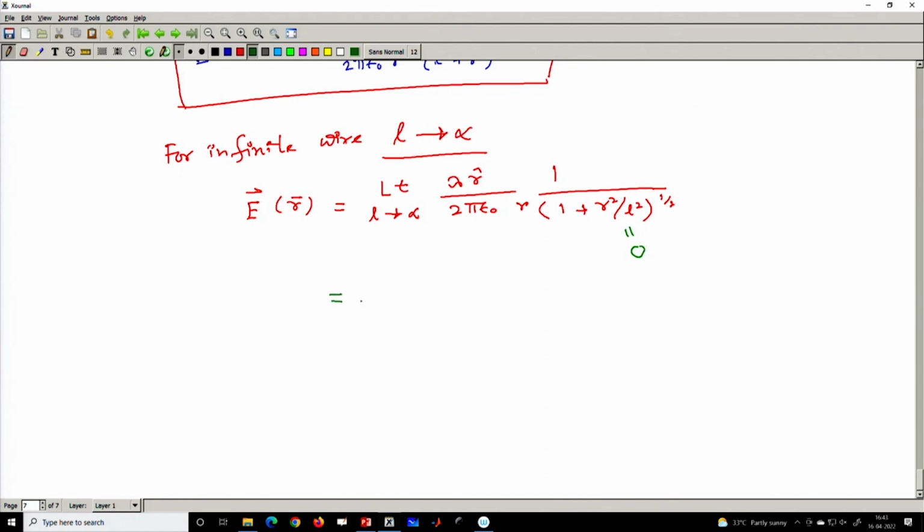Eventually I will get the standard result that the electric field for an infinitely extended charged wire with uniform line charge density lambda is lambda divided by 2 pi epsilon 0 and r, with r unit vector. So, that is the result we already figured out.